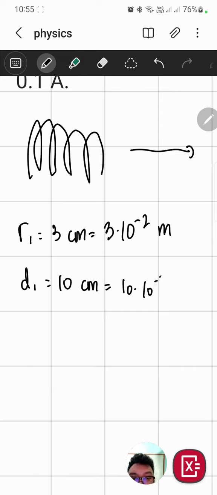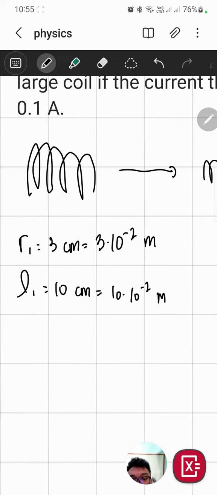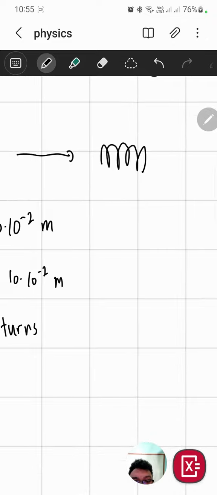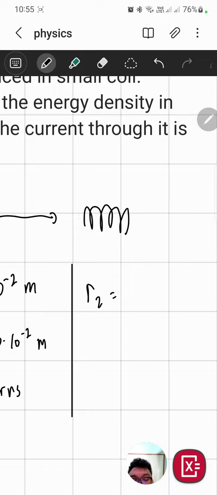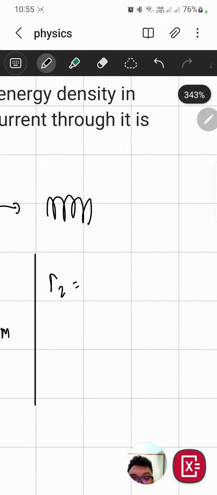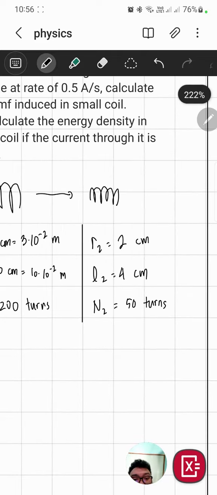And the turns are 1,200 turns. And then the small coil: the radius is 2 cm, the length is 4 cm, and the turns are 50.